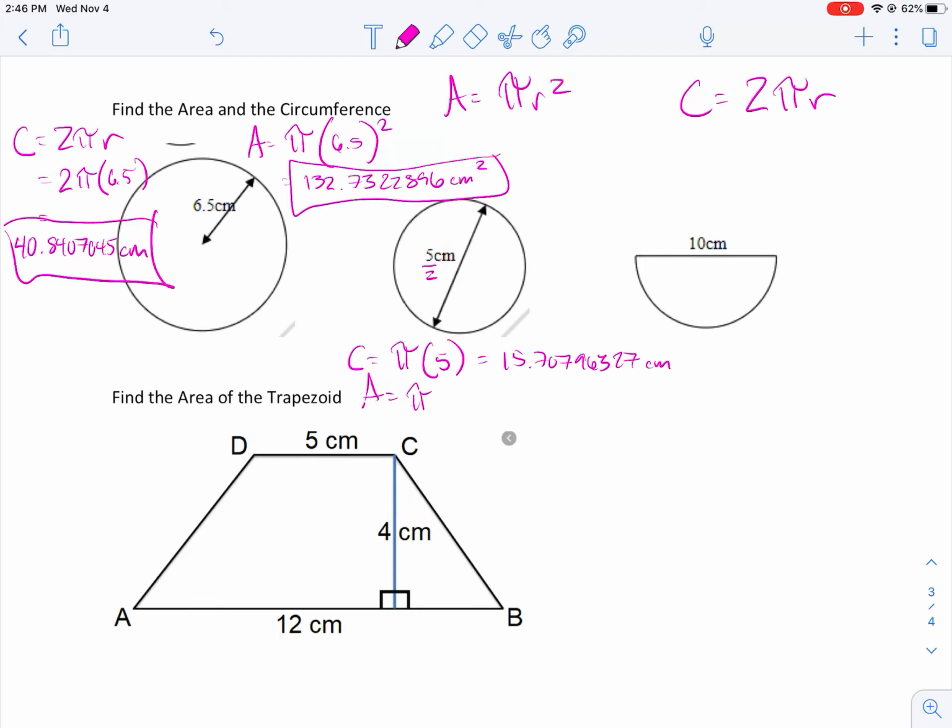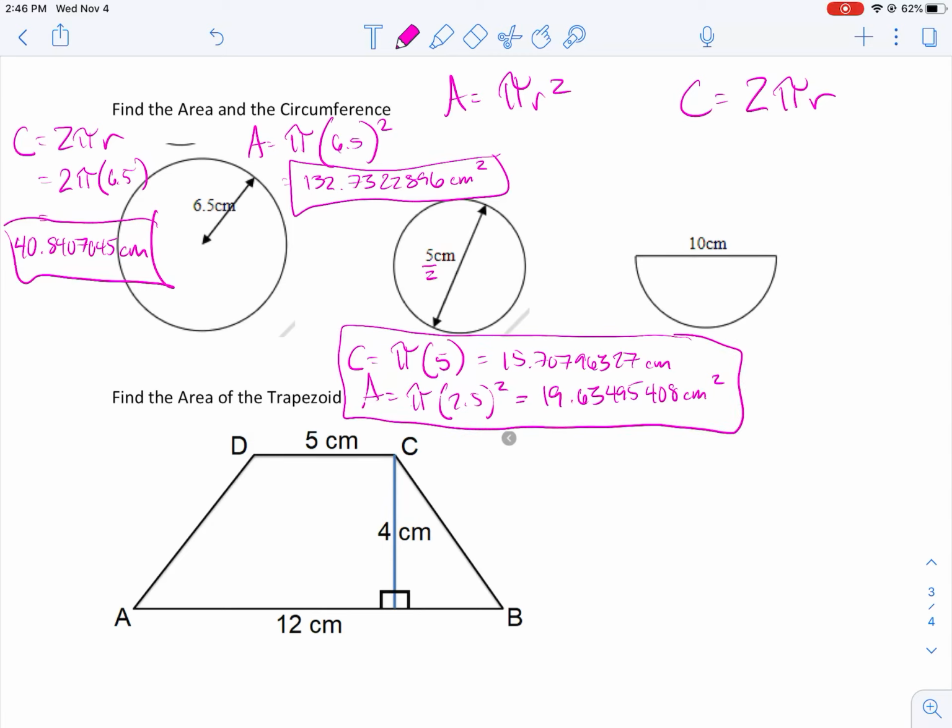So it would be pi times 2.5 squared. And so our answer is 19.63 centimeters squared.